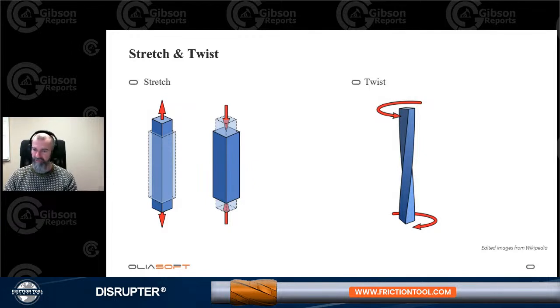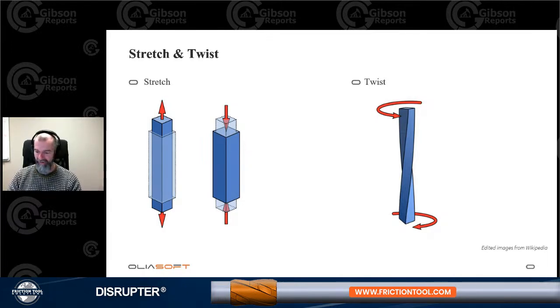And twist is basically to rotate the same pliant element, rotate it one way at the bottom, or hold it steady at the bottom and rotate it at the top, and you get this twist into the element. And so we can of course do that with any sort of drill string, because obviously it's made of steel, and even though it might seem pretty hard, it's still pliant enough.